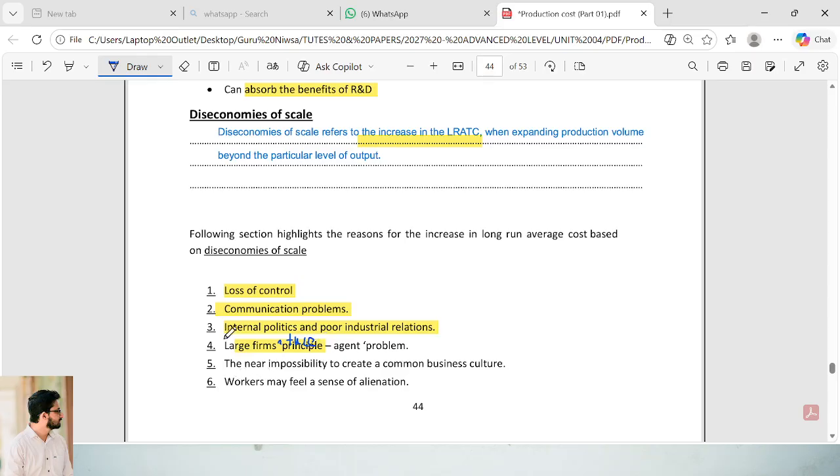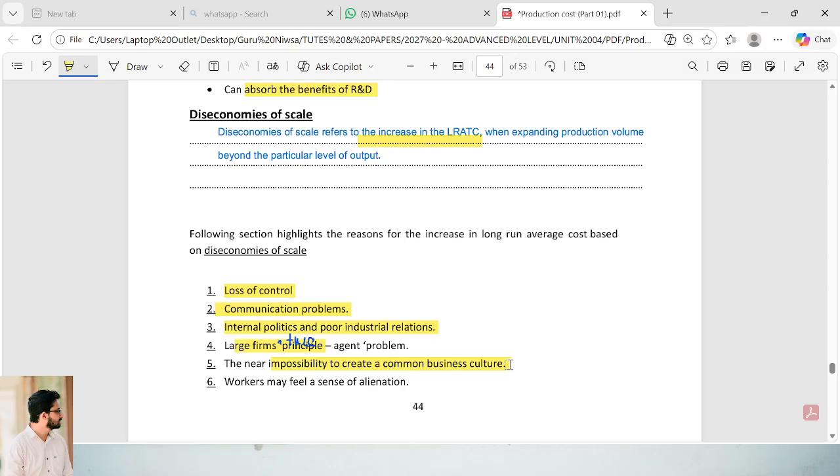Next, the fifth one: the near impossibility of creating a common business culture. Assume Unilever, Hemas, Nestle are the best examples. More than, I think, 2 million workers there. Very difficult for them to create a unique and common business culture. Different people, different cultures.